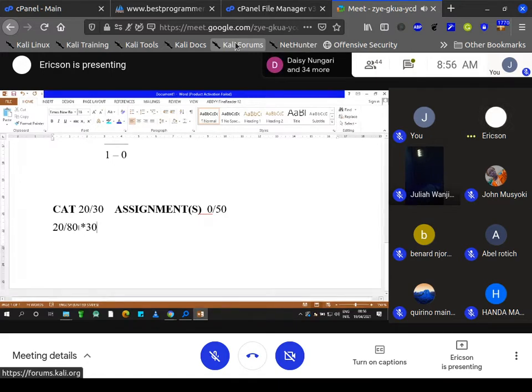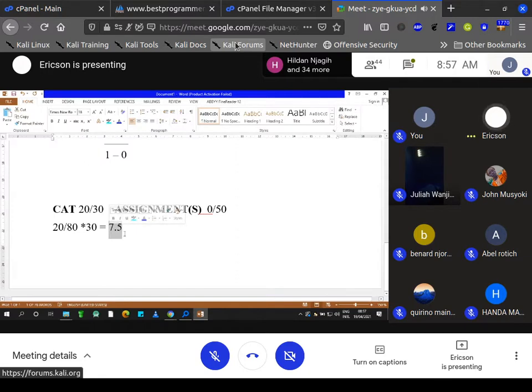That basically means 20 out of 80 multiplied by 30. When you do this on your calculator, it will give you 7.5. You don't do any assignment, and your CAT is 20, and the resulting mark will be 7.5.